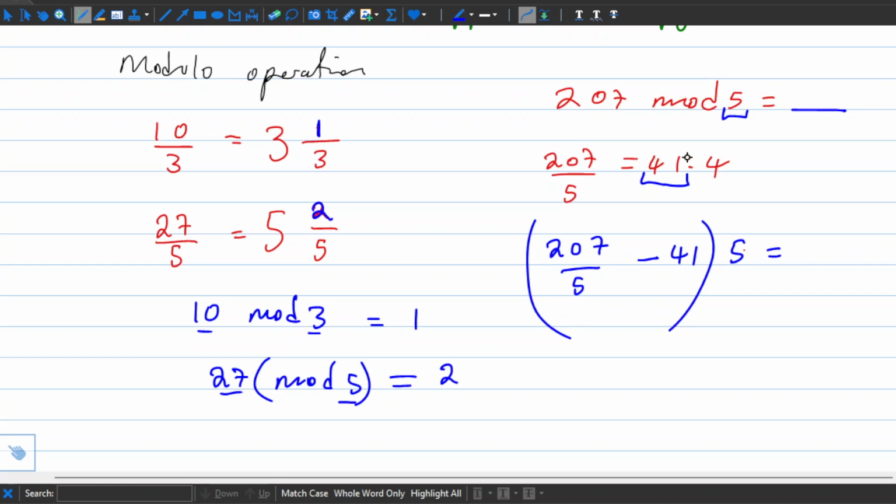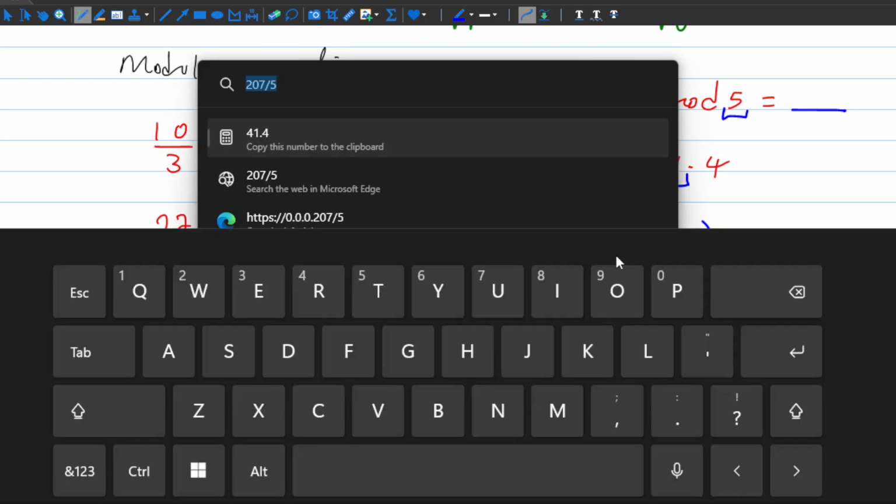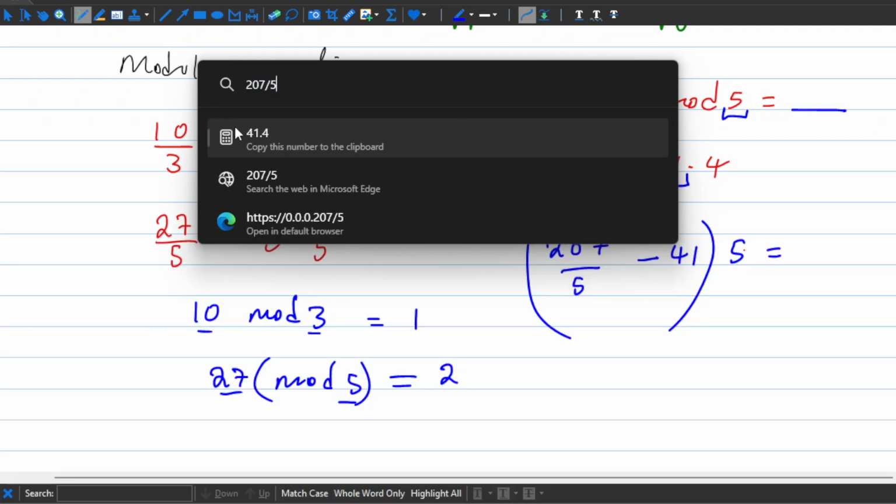You just do this in all cases. Even try it for 10 mod 3, and you will see that it works out. So we have 207 divided by 5. When we punch this on our calculator, it gives you 41.4, so you just say minus 41.